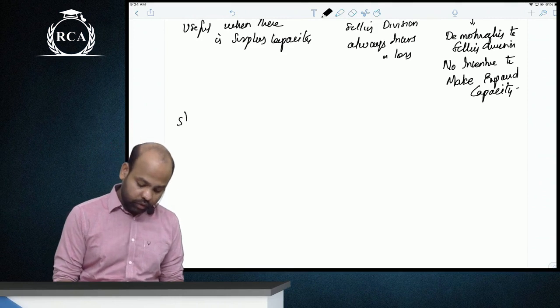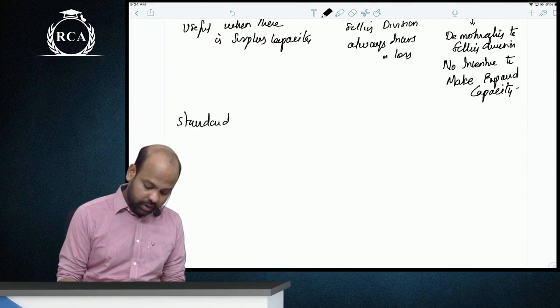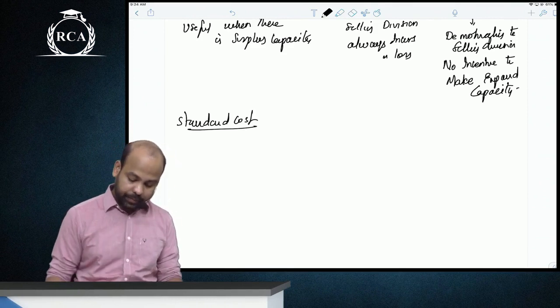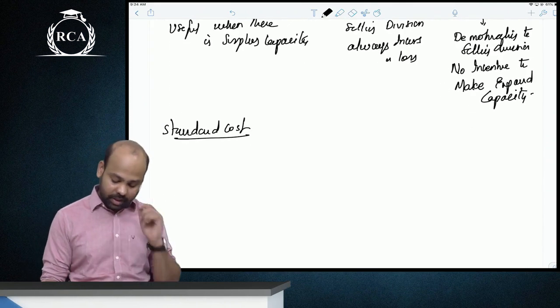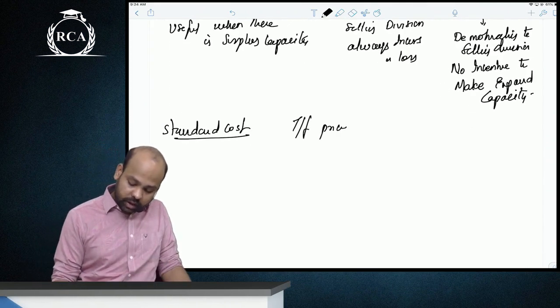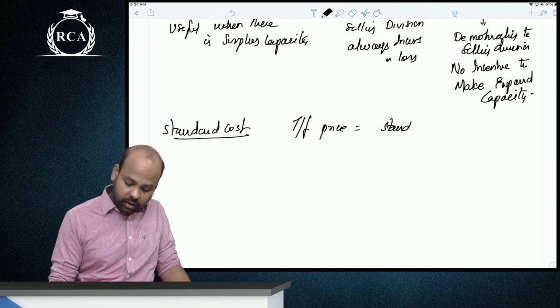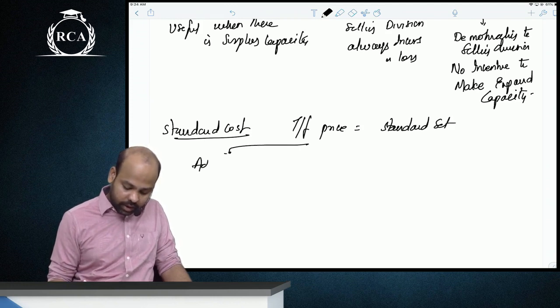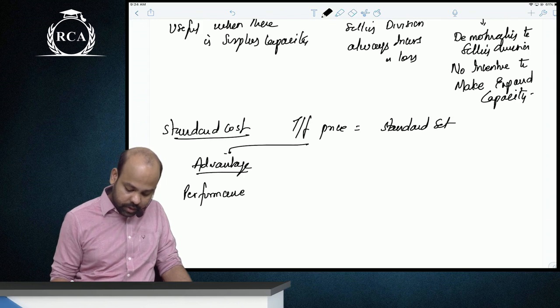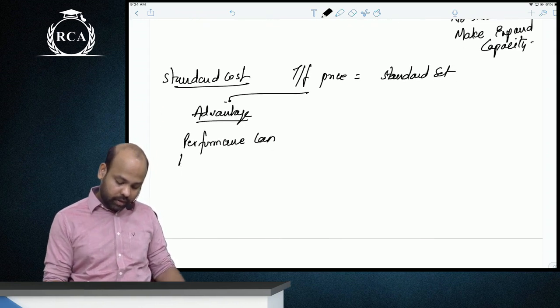Next, beta, if you use standard cost, transfer price, beta, would be equal to standard cost. Standard set, beta. If you look at the advantage as such, beta, performance can be benchmarked against targets.